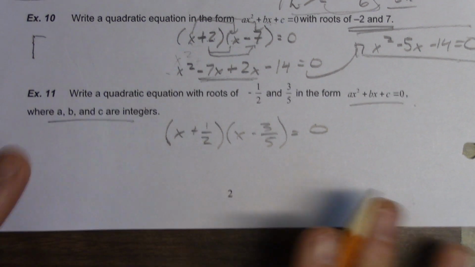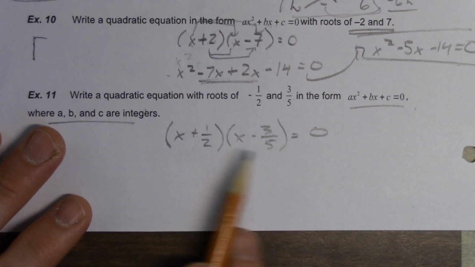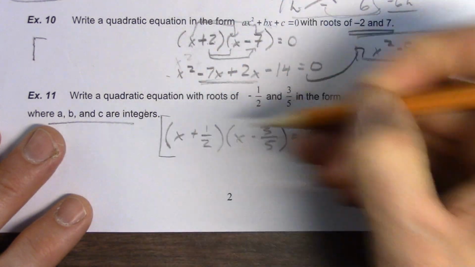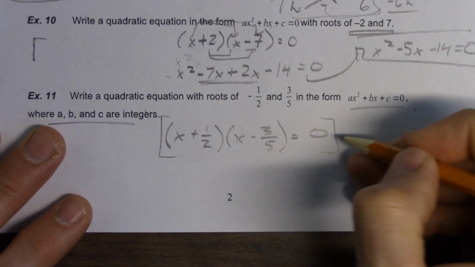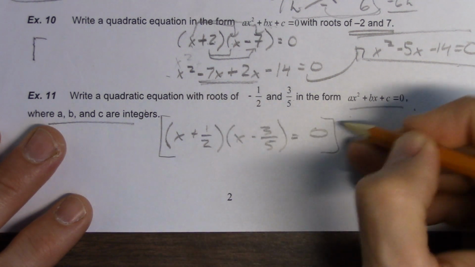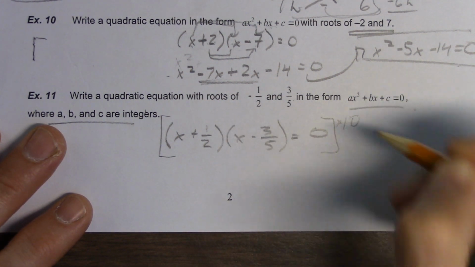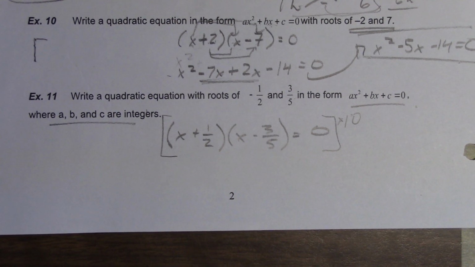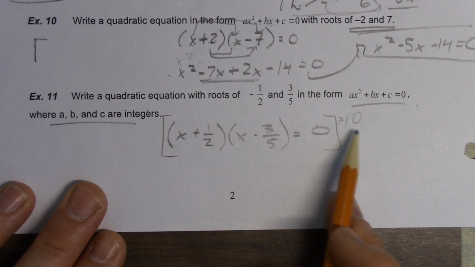Okay, so you're right, you could foil this, and you're going to get a whole bunch of fractions, or you could multiply this whole thingamajig by 10. Do you see why I might want to do that? Because you would get rid of your fractions, right?